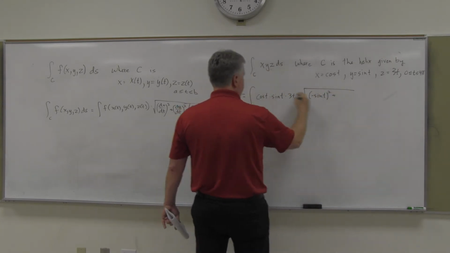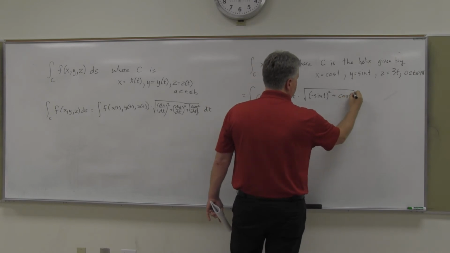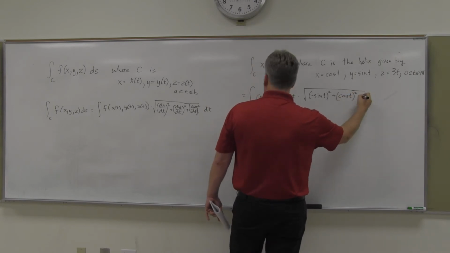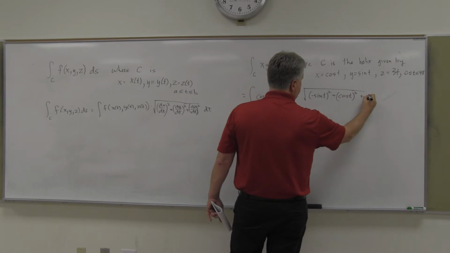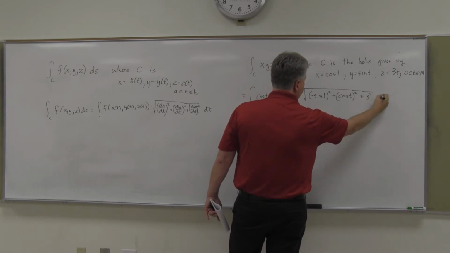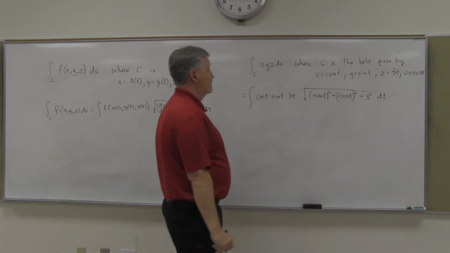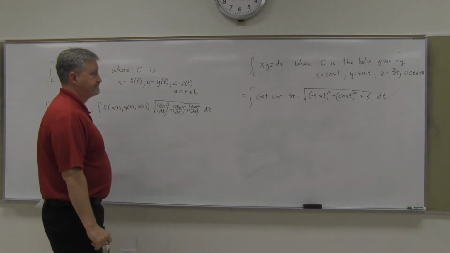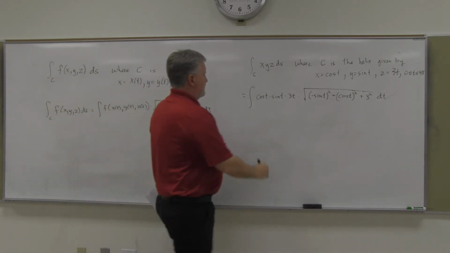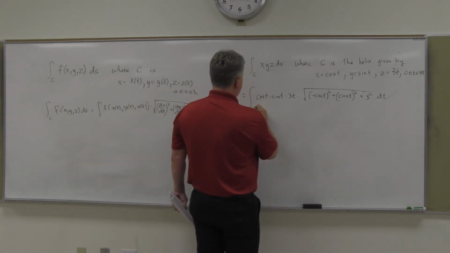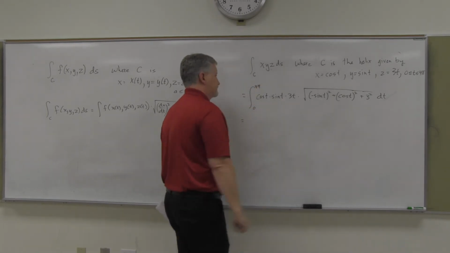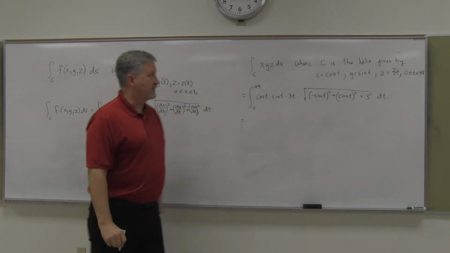The derivative of y is cosine, so you have cosine t squared. And the derivative of z is 3, so you have 3 squared. Take a look at that square root. Oh, and it's 0 to 4 pi, because that's the range of t there.